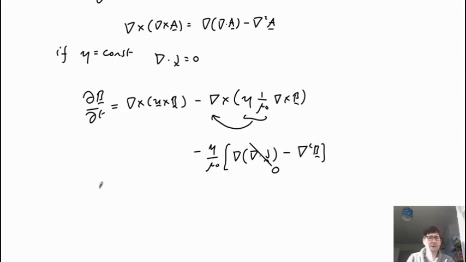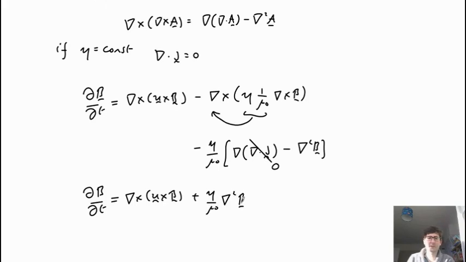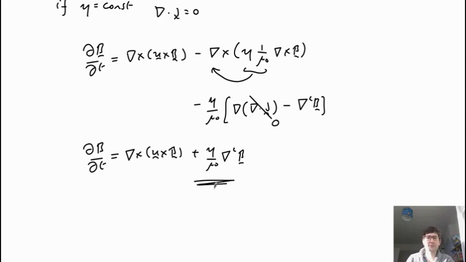So if I write this out now, dB by dt is the part from ideal MHD, plus this term here, which is eta over mu naught del squared B. So it's the Laplacian of B. And this is just a diffusion equation.